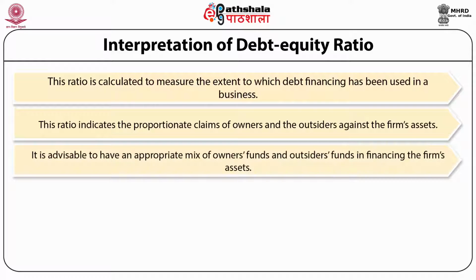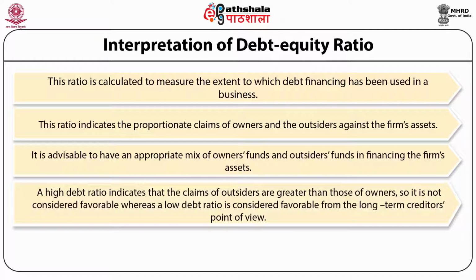It is advisable to have an appropriate mix of owners' funds and outsiders' funds in financing the firm's assets. A high debt ratio indicates that claims of outsiders are greater than those of owners. So, it is not considered favorable, whereas from the long-term creditor's point of view, a low debt ratio is considered favorable.